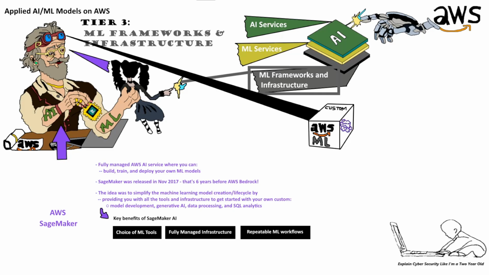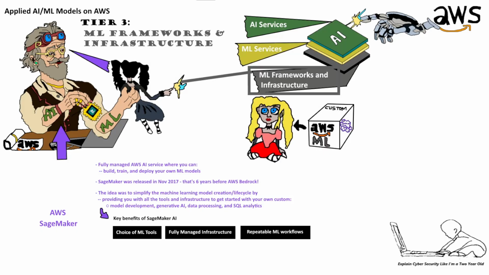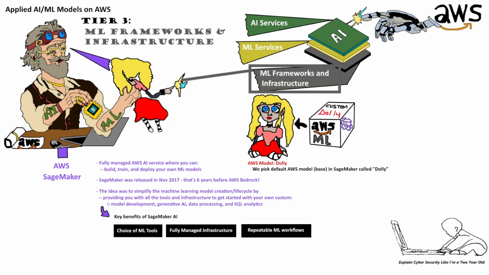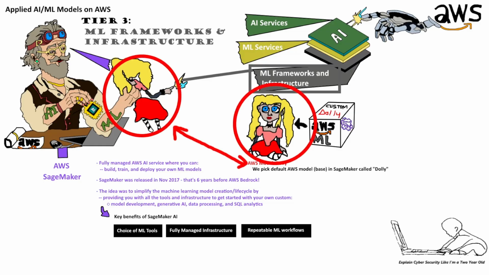And this moves us nicely into Tier 3 machine learning frameworks and infrastructure. Because the key takeaway from Amazon SageMaker is customization and fine-tuning. Because AWS SageMaker provides the ability for you to pick and choose an already pre-trained model, such as the AWS metaphorical model known as Dolly, which is the default Dolly for when creating Dollys. Which means you don't need to manage the underlying infrastructure, e.g. the manufacturing of the original Dolly.